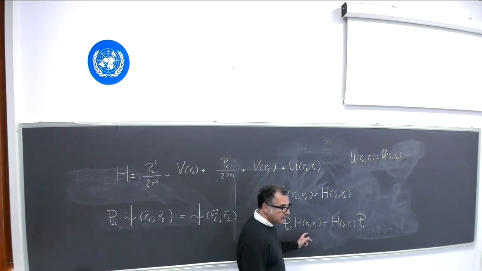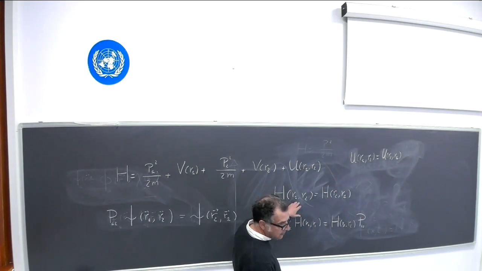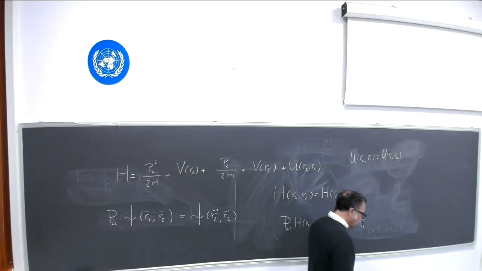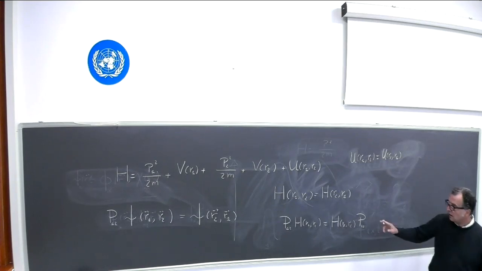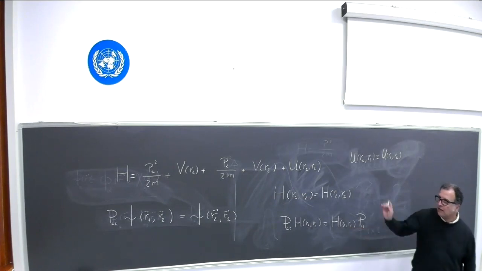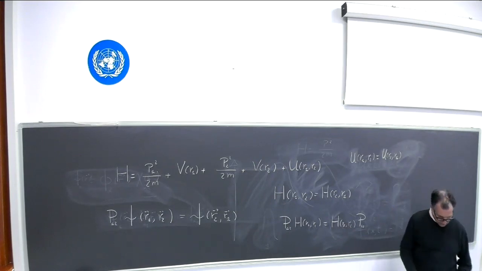It means that if the Hamiltonian of 1 and 2 is equal to the Hamiltonian of 2 and 1, then this operator P12 commutes with the Hamiltonian. This is something you have to prove. It's very simple. Just play with it.